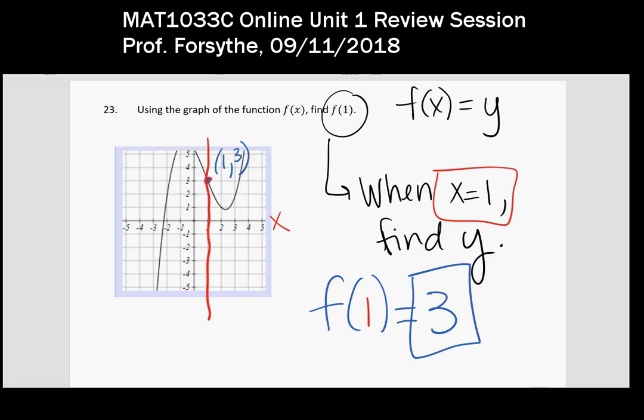So if the x is 1, what would be the y? In this case, when x is 1, the y value is 3 for this graph. All right. Just to practice another one, I'll do find f of 2.